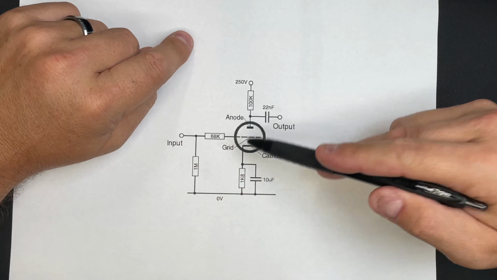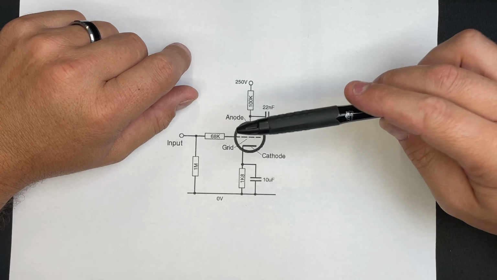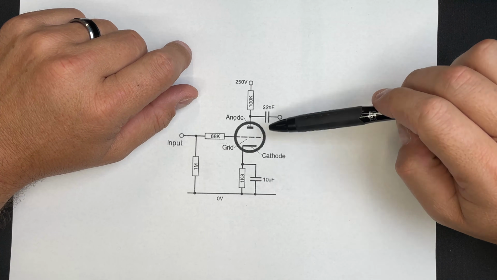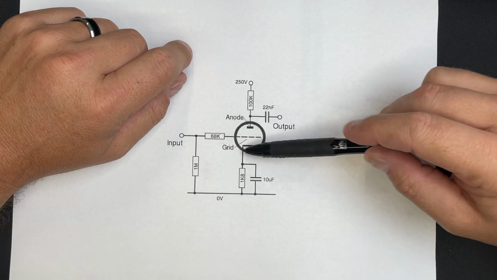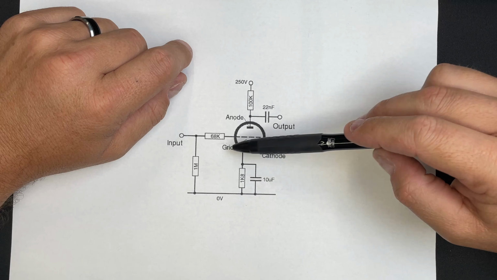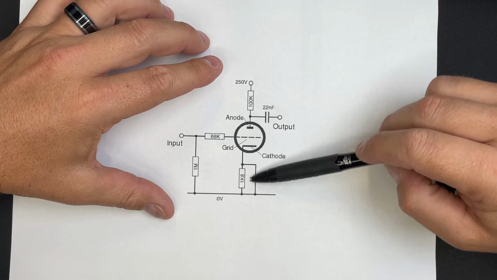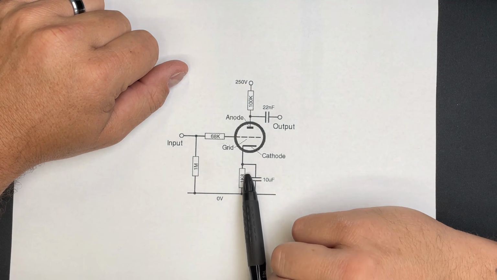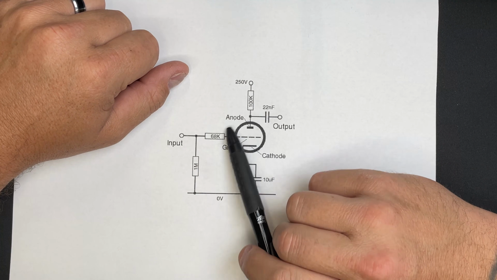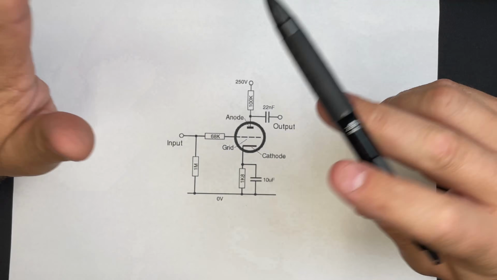So, triode. The reason it's triode is because it has three main components in order to make it work. The cathode, this little L-shaped thing down here, the grid, which is what actually modulates the electron flow through the tube, and the anode, which is what the electrons smash into to create amplification.